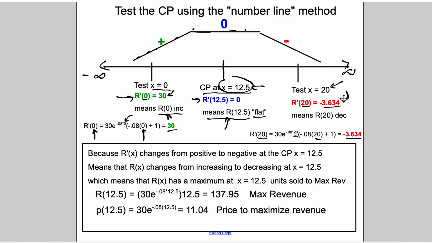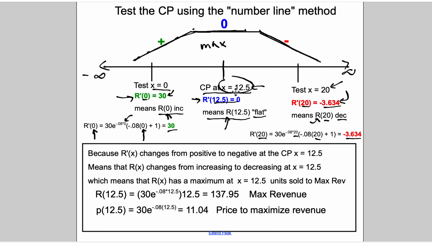Because my marginal revenue or my derivative is negative, that's telling me that my revenue function at x equals 20 is decreasing. That's what this negative sign is here. So I know that I go from increasing, flat at my critical point, x equals 12.5, and then decreasing. This is telling me that I have a maximum.